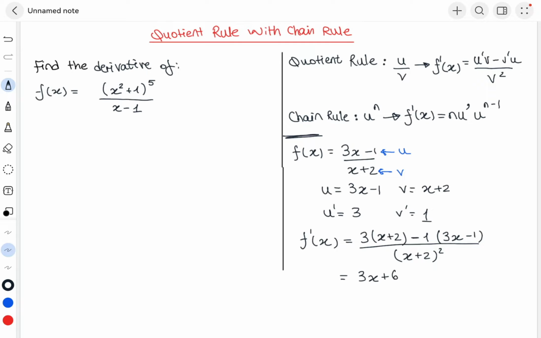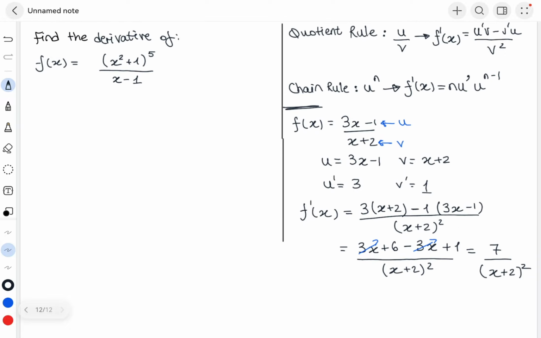So 3x plus 6 minus negative 1 times 3x is negative 3x, and negative 1 times negative 1 is positive 1, over x plus 2 squared. And our final answer: 3x and negative 3x cancel out, so we'll have 7 over x plus 2 squared. This is for the quotient rule.